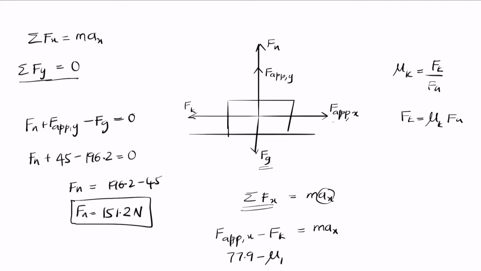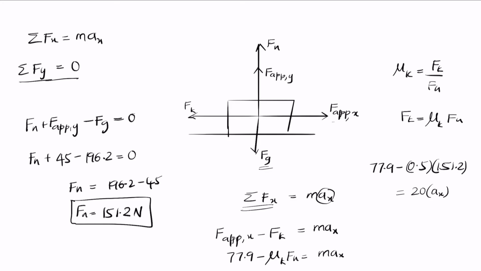So we can write it as mu k times Fn equals max. So 77.9 minus mu k, which is already given 0.5, times Fn, the value is 151.2, equals m, here 20, times ax.